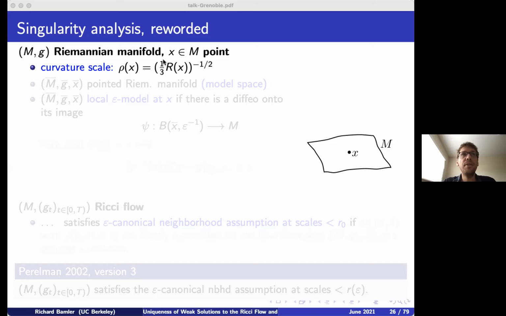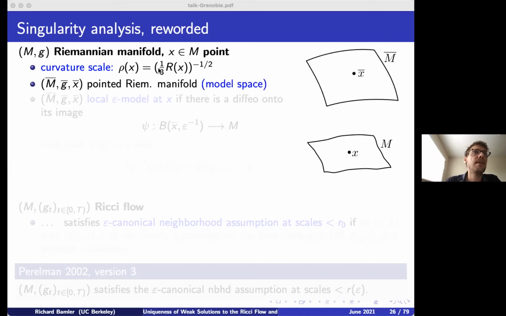And this is just for convenience, because I'm using curvature to compute a local scale, and instead of talking about curvature, I just want to talk about something that's a distance, a length, basically. So this is how I define this curvature scale rho. And the 1/3 will just be for convenience. You'll see later. That's really not important.